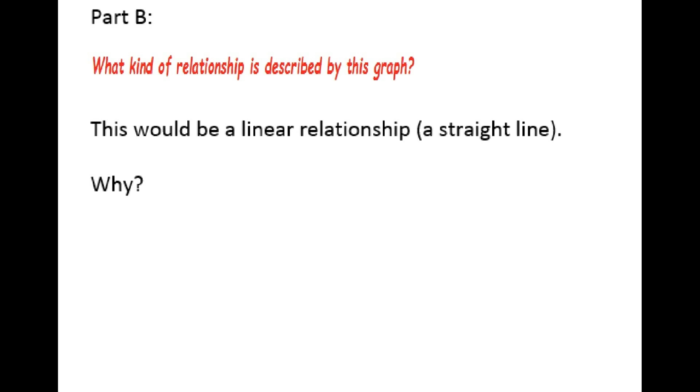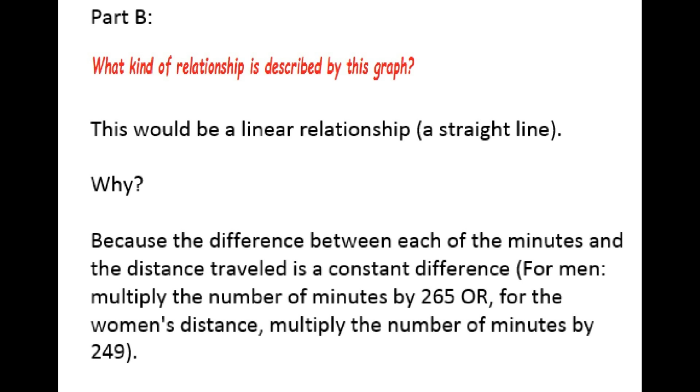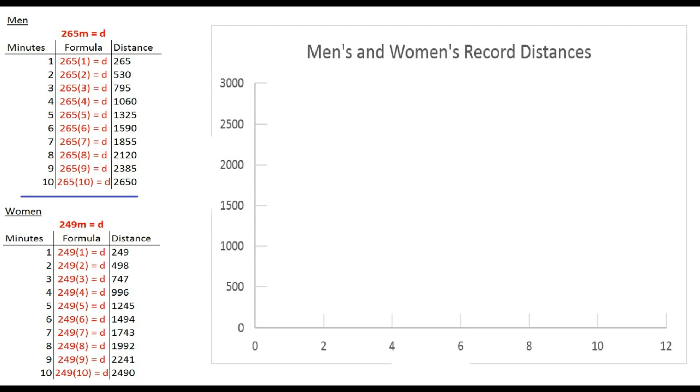Because for every X, we have a constant we're multiplying by. For men, we're always multiplying by 265. For women, we're always multiplying by 249. You will get into curved graphs and parabolas and all that wonderful stuff when you get to algebra 2, and so on. But for right now, this is a linear relationship.